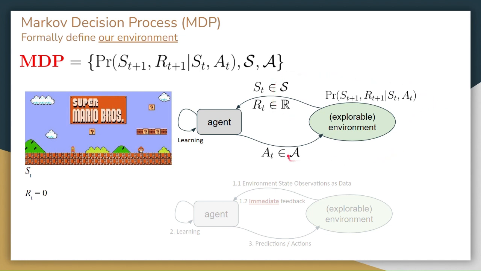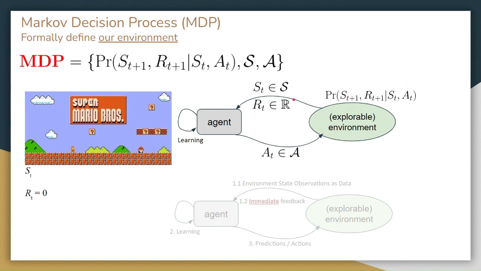That's why you can define the environment formally using these three objects. And the set of these three objects, we just call it MDP, or Markov decision process. So the Markov decision process is the set of these three objects. If you understand these three objects, you understand clearly the environment.